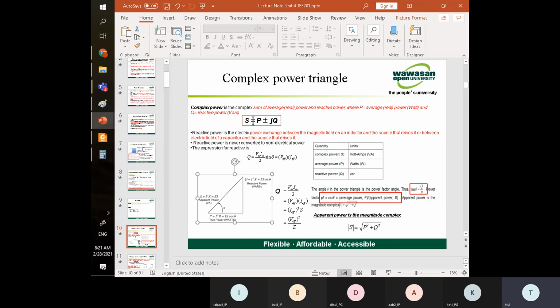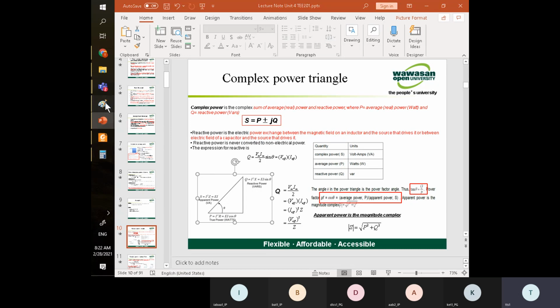The first one, represented by the P, is our resistive load. We call it the real power, and then the following one, indicated by the jQ, is a mix of the inductive and the capacitive load. It's called the Q, that causes the phase shift.